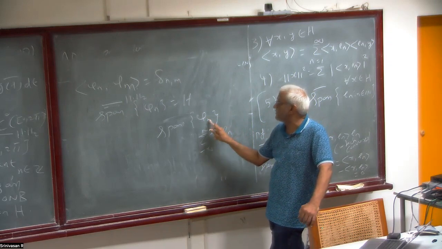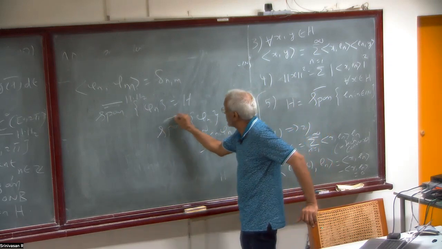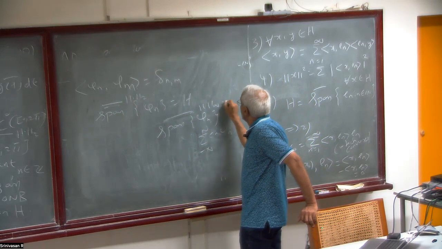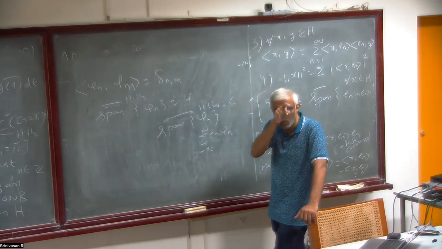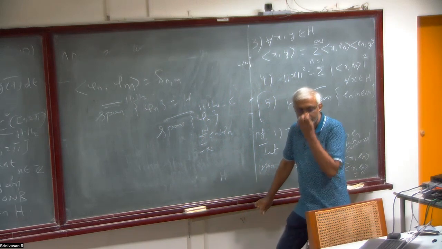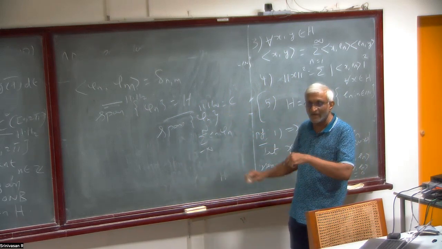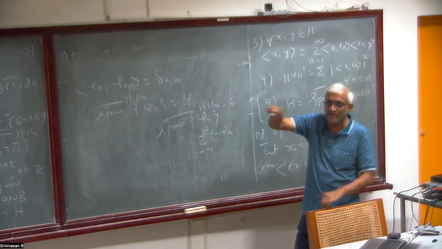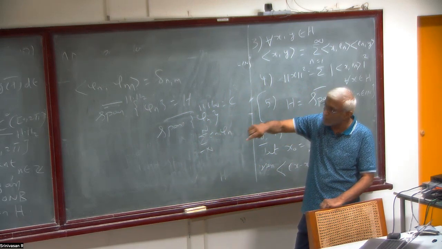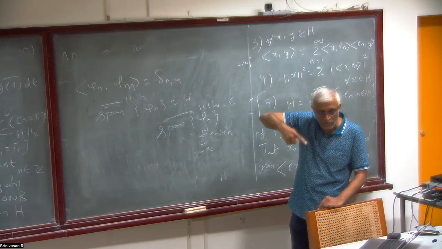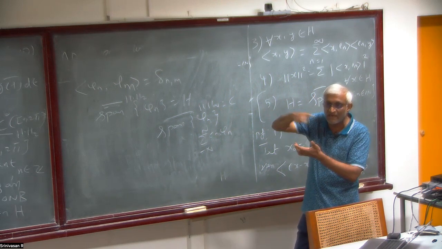So this implies that the closure of span φ_n in the infinity norm equals C... well, that doesn't work. What you do is you consider these as functions on the complex circle, because that's also a compact set. The Stone-Weierstrass theorem gives that this generates C of the circle.